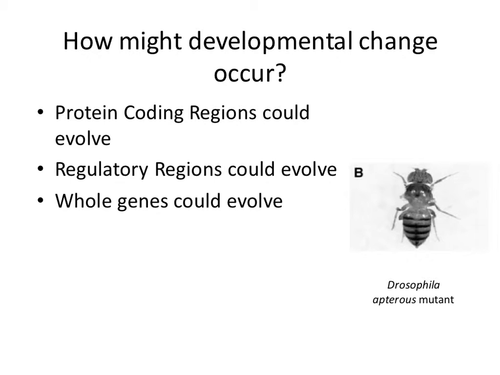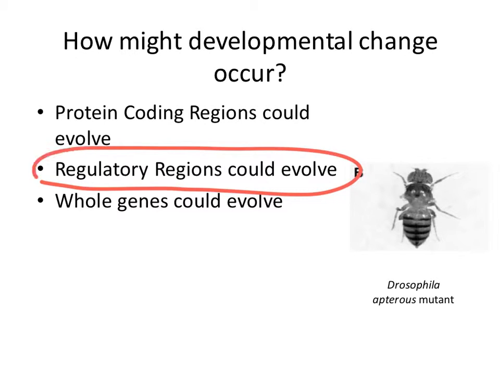So to restate what I just said, it's very often regulatory DNA sequences that cause a change in development patterns. Can you imagine why this is?